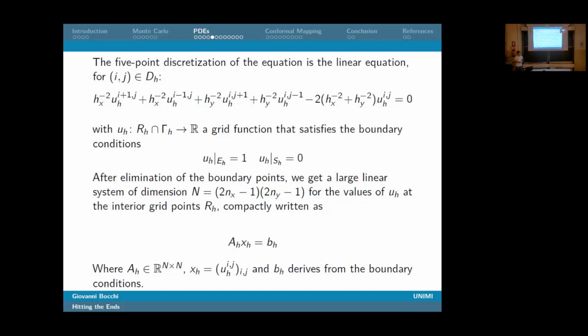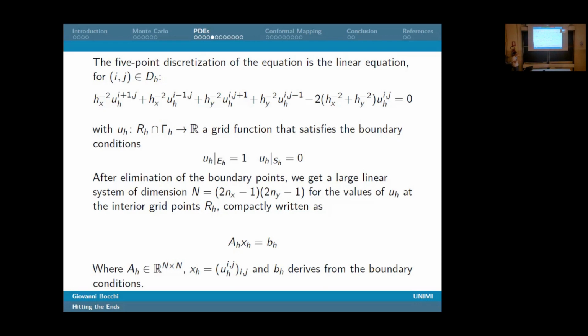So this essentially has to do with the boundary conditions, because when we put into the equation a value of i and j for which one of those numbers belongs to the boundary, we will have that the value of u is prescribed, so it will no more be unknown, and it will pass to the right-hand side, constituting essentially a right-hand side for the equation.